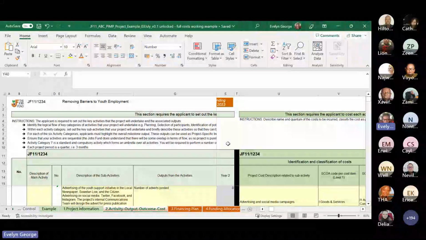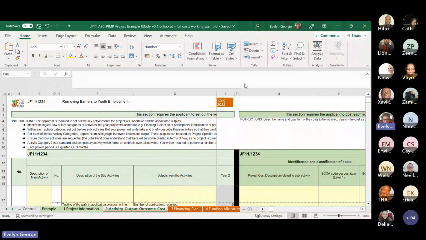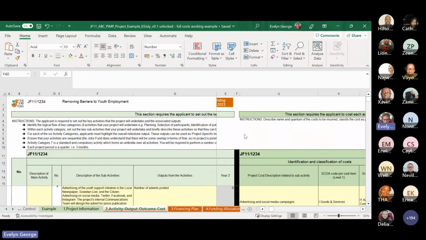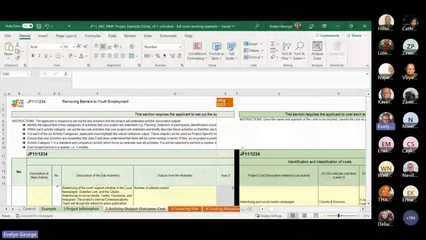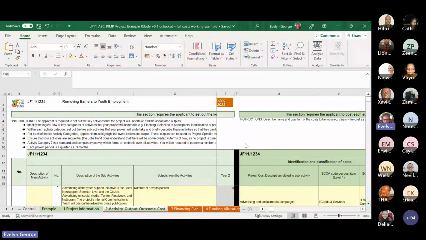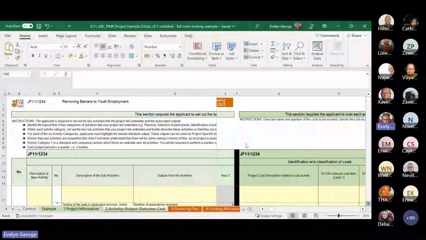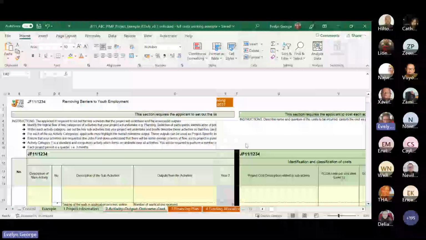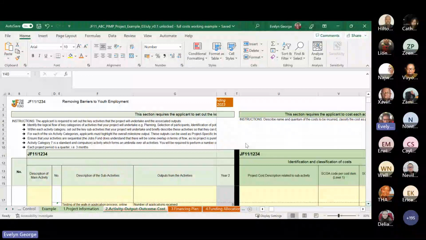Okay, so I'm going to ask you to reflect on the project example around some of the costs we've left in. Like I said, it is based on what we did before, and some of them we have introduced based on the issues that were brought to our attention.